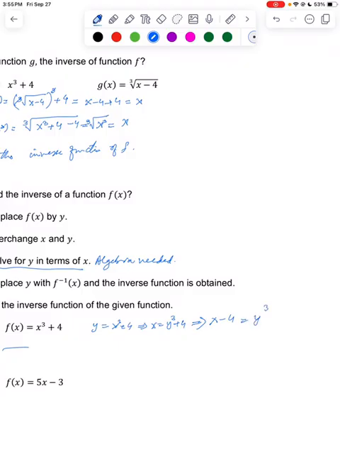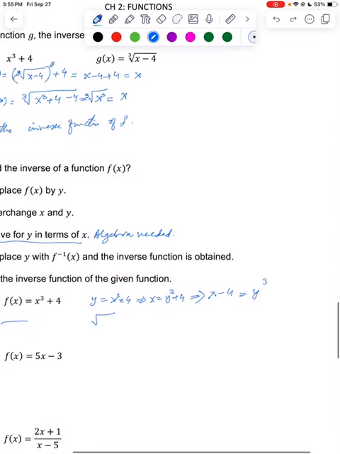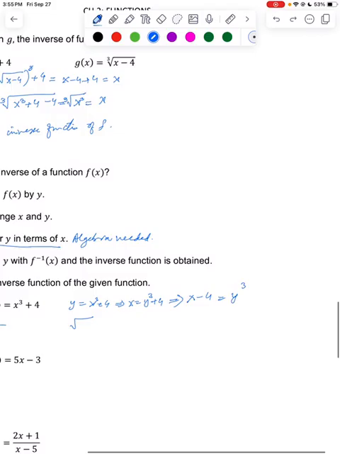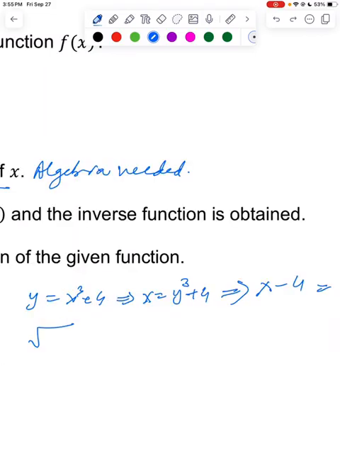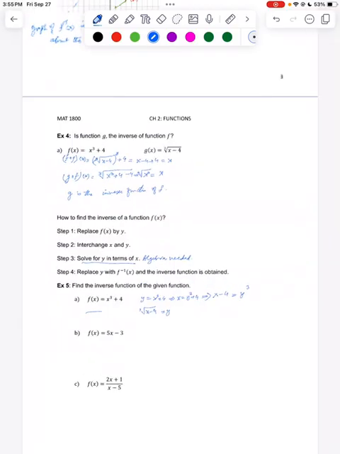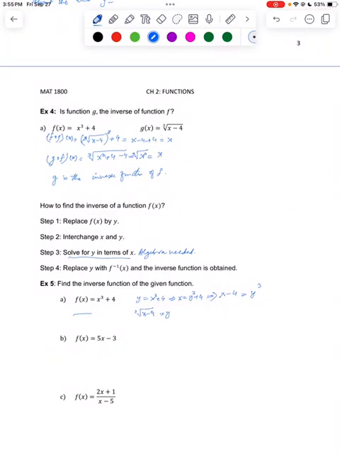And now what do I do? I take the cube root on both sides. So I get the cube root of x minus 4 equals y. And that is our function, because now I will replace the y by f inverse of x.